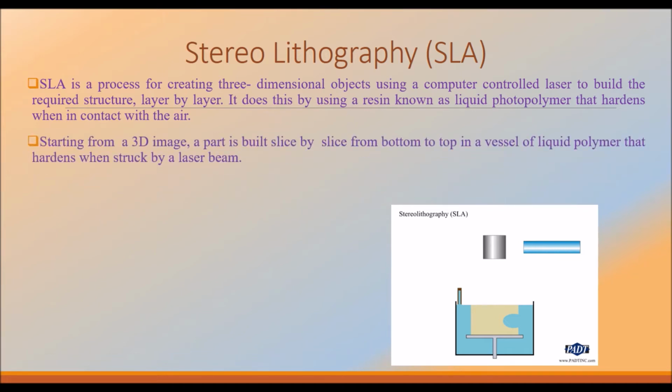Starting from a 3D image, a part is built slice by slice from bottom to top in a vessel of liquid polymer that hardens when struck by a laser beam. In this method, the type is laser cured resin with high resolution and fragile, and the material used here is resin.